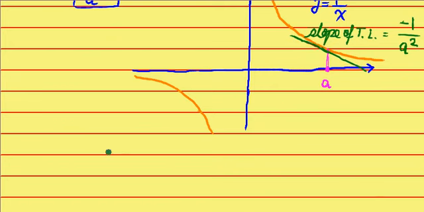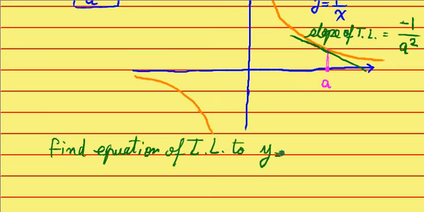Now suppose the question was posed like this: find the equation of the tangent line to y equal to 1 over x at x equals, say, 3.